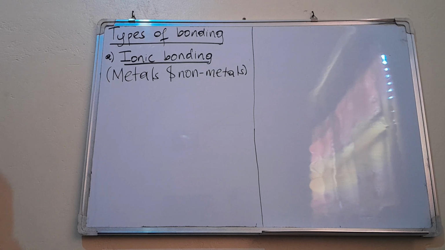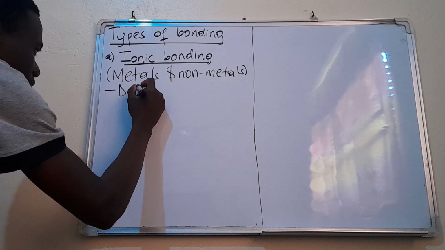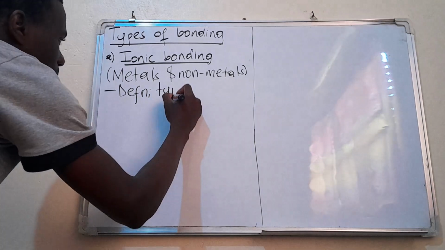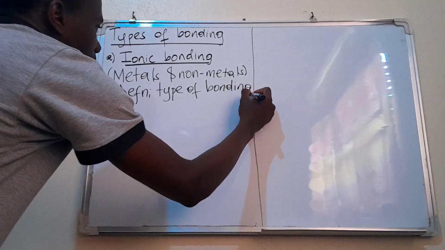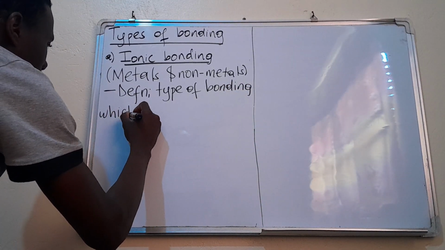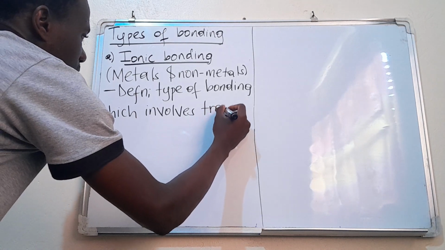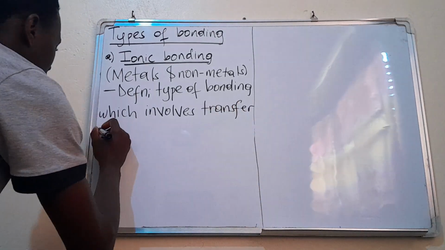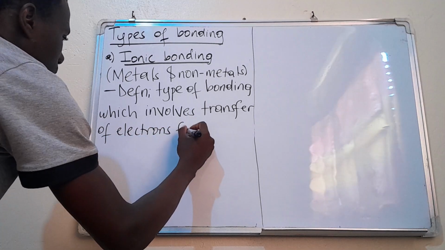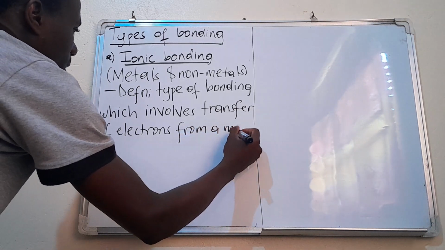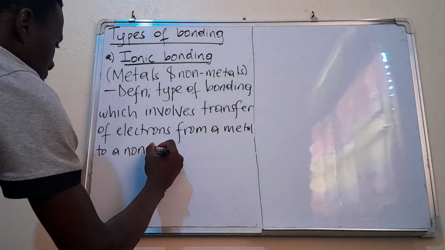So by definition, this is the type of bonding which involves transfer of electrons from a metal to a non-metal.